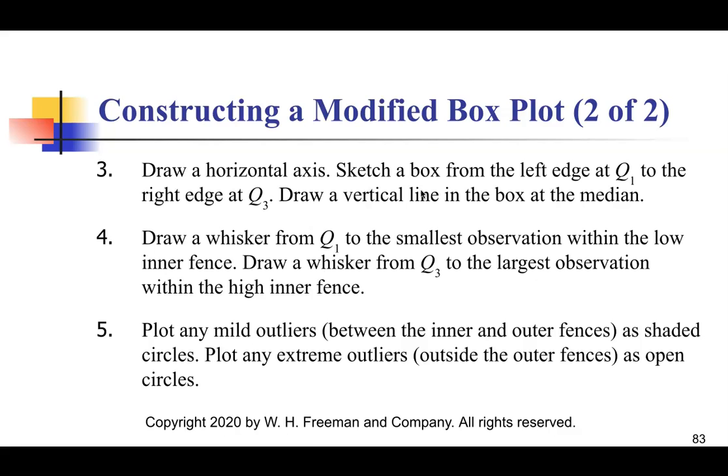So why do we do this? Well, remember that 99.7% of symmetric data is going to fall within 3 standard deviations. So anything that's beyond that is really, really extreme. Even for non-symmetrical data, we know from Chebyshev that if we go 3 standard deviations from the mean, then you are capturing about 89% of the data.